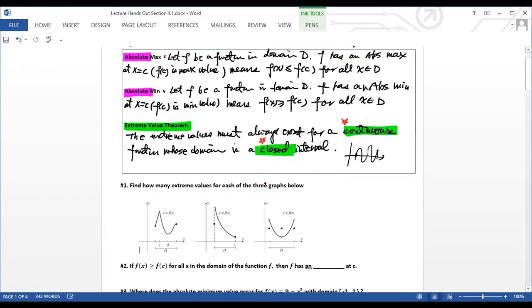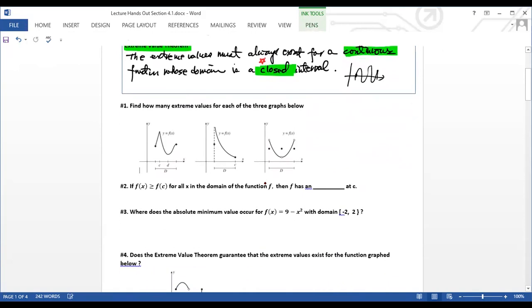Okay, so now let's take a look at some problems here. Problem number 1: how many extreme values are there for each of the 3 graphs below? Let's take a look at here. This is my domain, right? So how many extreme values here? I have this one here, and I have this one here.